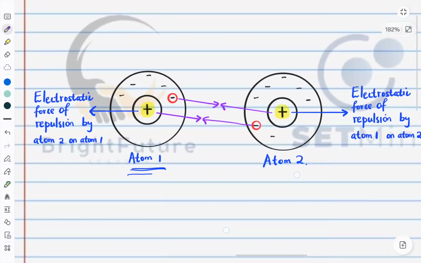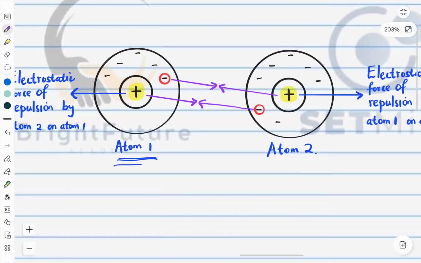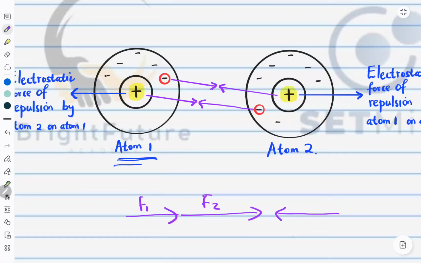If you remember, when we have different force vectors, say F1, F2, and then other forces going in the other direction, you would then find the resultant force.